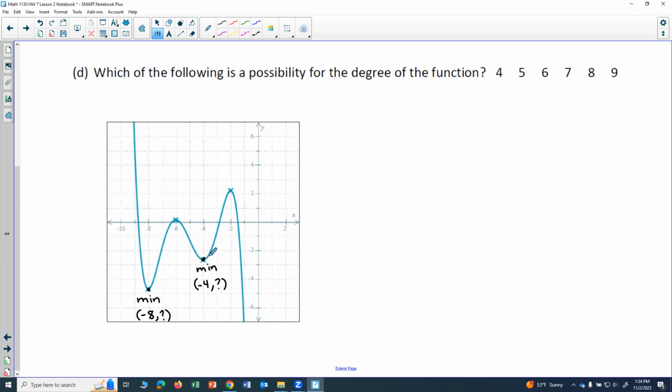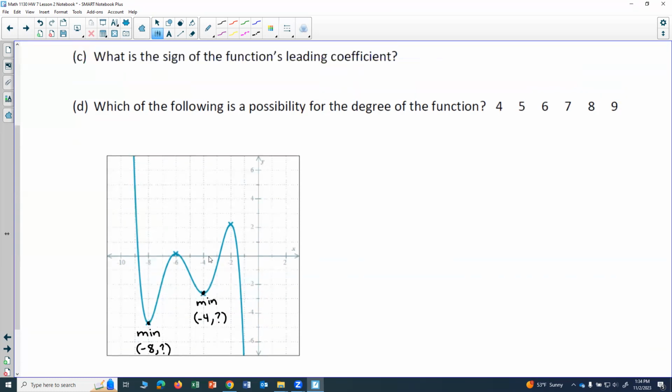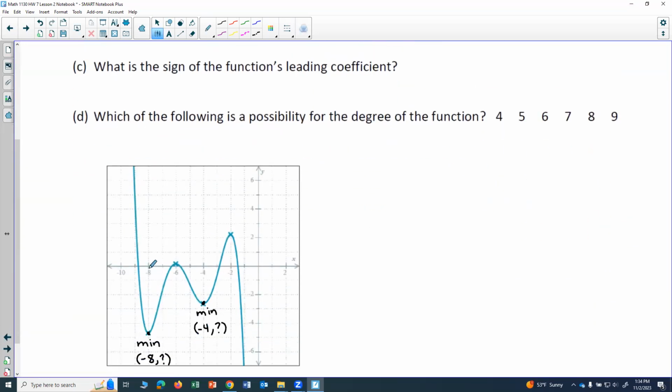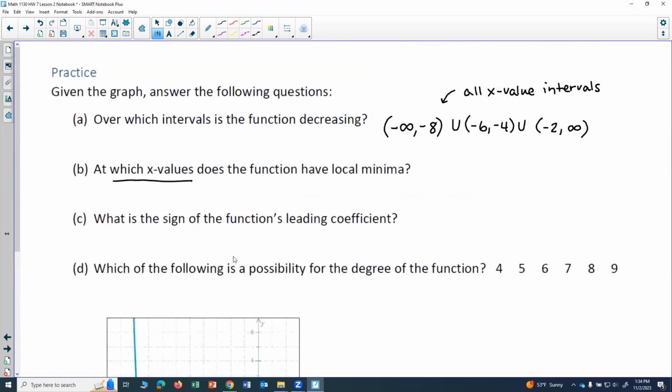So the dips in your graph are your local minima. And our x values were -8 and -4. So minima at x equals -8 and x equals -4.